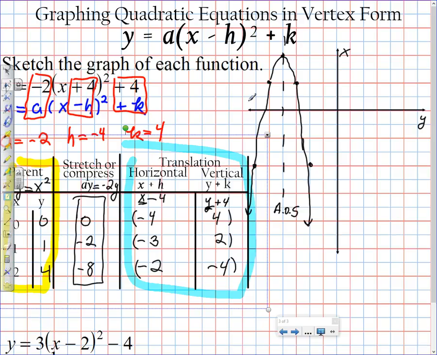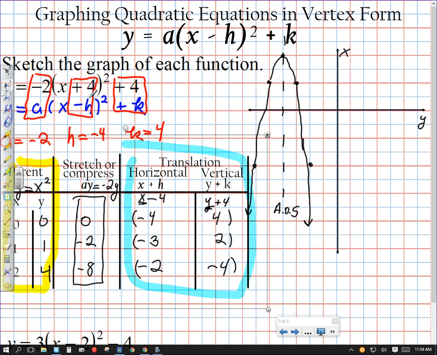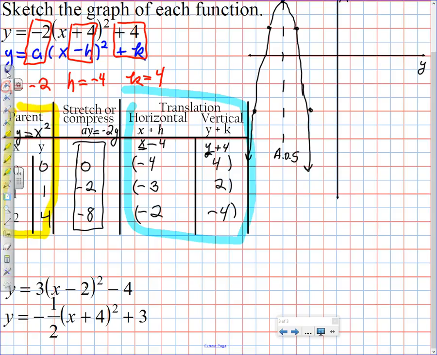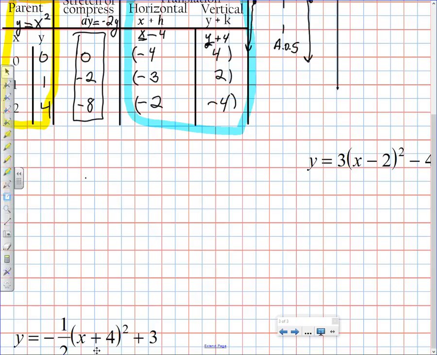Okay, so the next example that I have for you is the following. The equation y is equal to, let me put it over here so it doesn't interfere with my view. So I'm going to be graphing this equation right here.